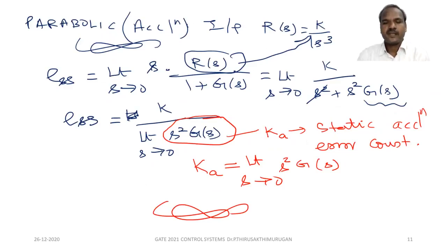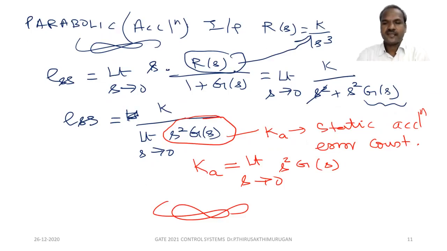Next, let us apply the parabolic or acceleration input to the system. The Laplace transform of the parabolic input is R(s) equal to k/s^3. So ESS equal to limit s tends to 0, s into R(s) divided by 1+G(s).